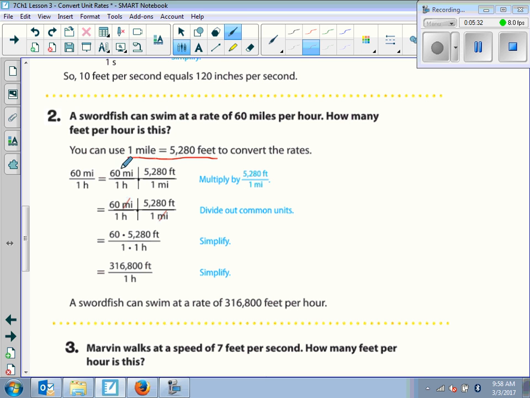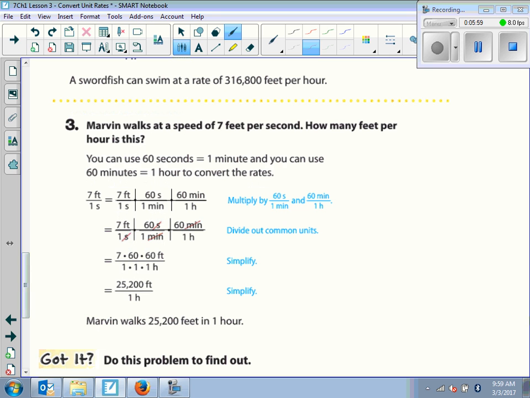So miles has to go in the denominator. So what we're going to multiply here is 5,280 feet in the numerator times 1 mile in the denominator. We multiply straight across, and you can see miles and miles will cancel, and we end up with 316,800 feet in 1 hour. Is everybody clear?